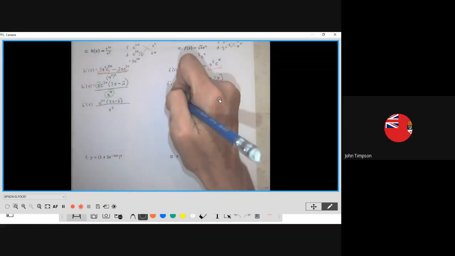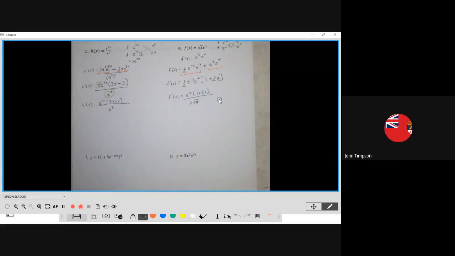Miss Northwood, yep. I'm wondering if it's a pattern where the two numbers that are multiplying the e to the x, whatever term that is, are the exponents from the original function.